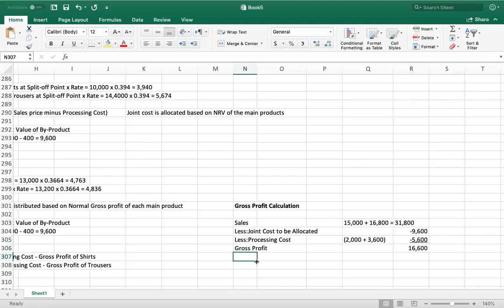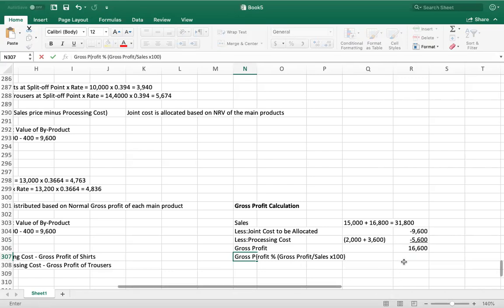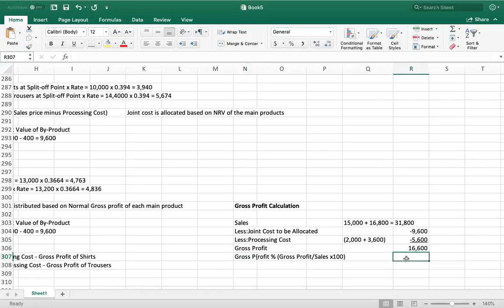Can you calculate the gross profit percentage? How will we calculate it? Gross profit divided by total sales, multiplied by 100. This will give you gross profit percentage. Here we have 16,600 divided by 31,800.